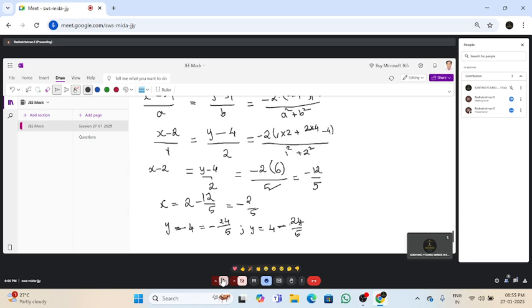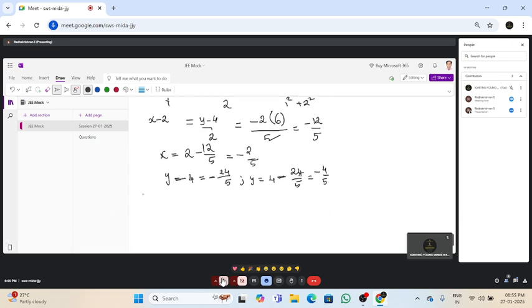Four is 20 by 5 minus 24 by 5, which is minus 4 by 5. So the coordinate of F is minus 2 by 5, comma minus 4 by 5.